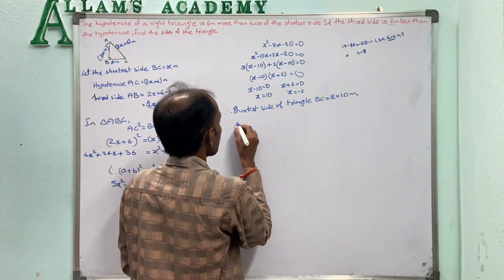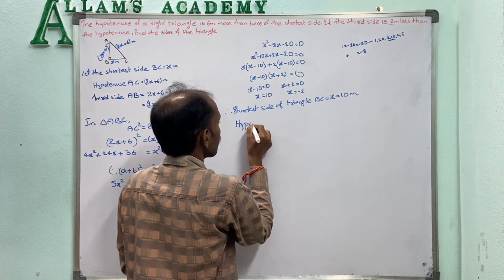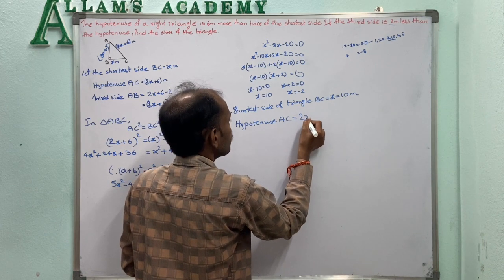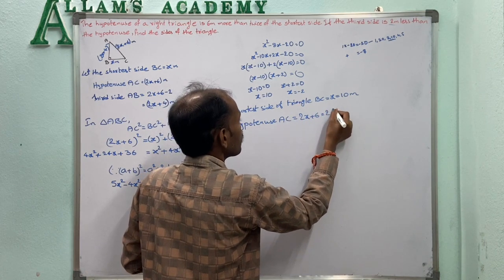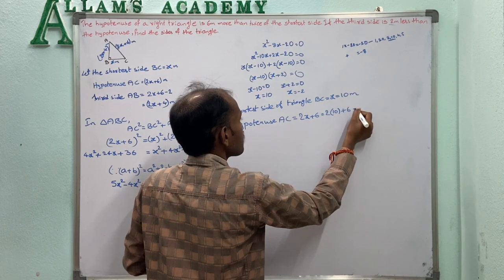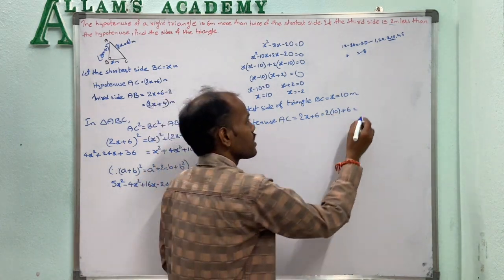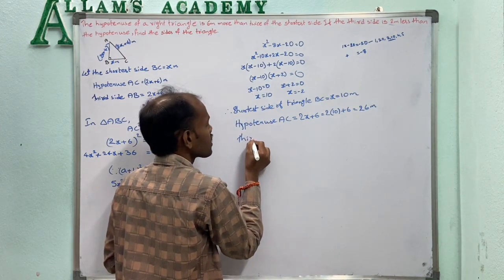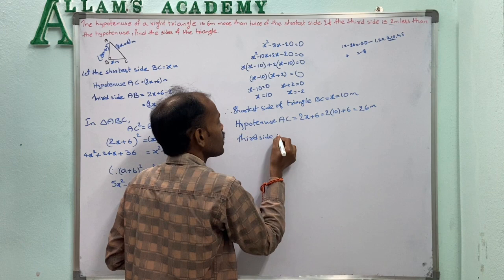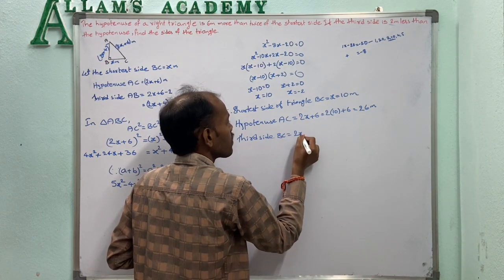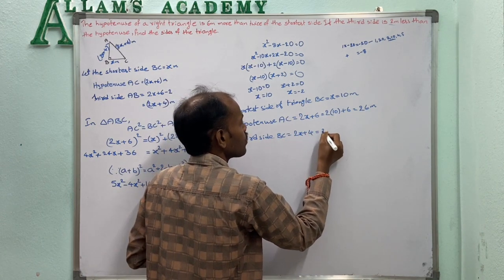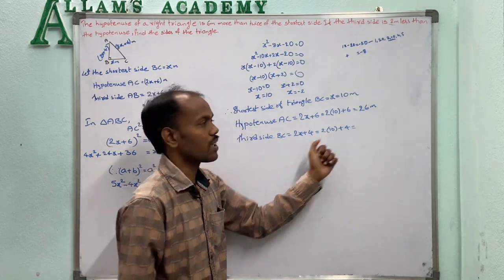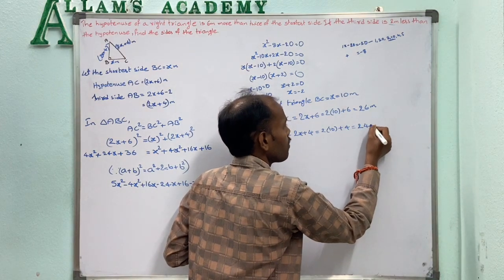Hypotenuse AC equals 2x plus 6, that equals 2 into 10 plus 6, 2 tens are 20, 20 plus 6 equals 26 meters. And the remaining third side, AB equals 2x plus 4, that equals 2 into 10 plus 4. So 2 tens are 20, 20 plus 4 is 24 meters.